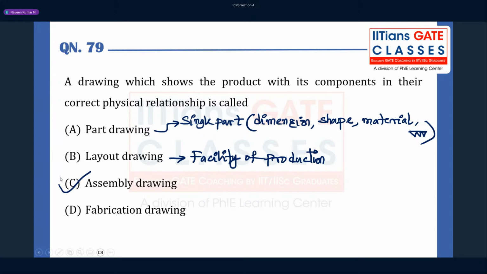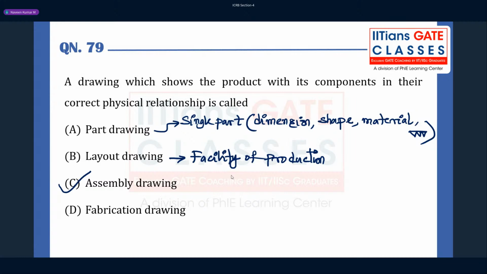And what is fabrication drawing? Fabrication drawing gives information about fabrication, which is different from assembly. It provides specific details about manufacturing or fabricating parts, especially the processing it has to go through, the material that has to be used, and dimensions.